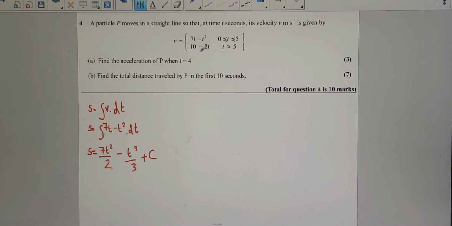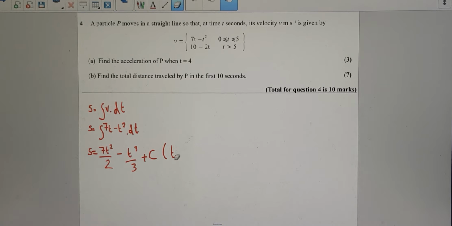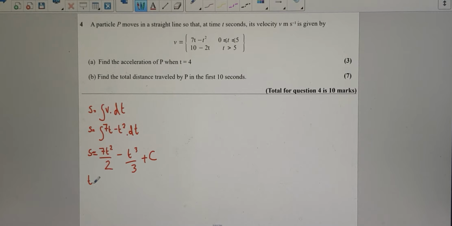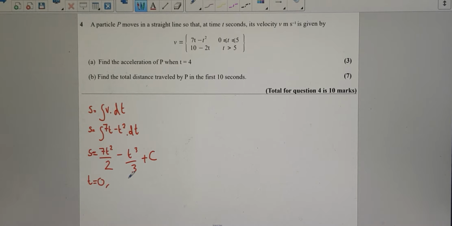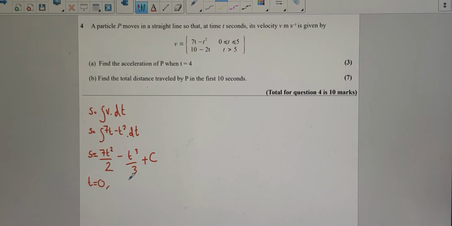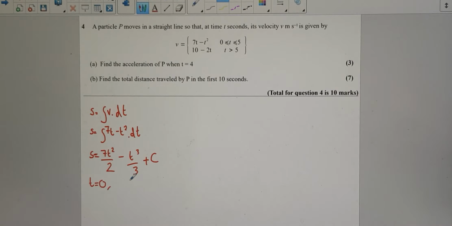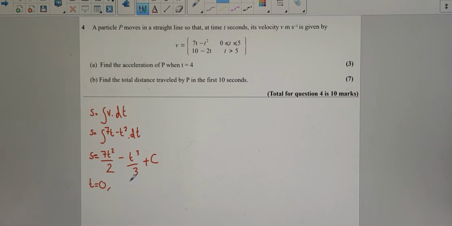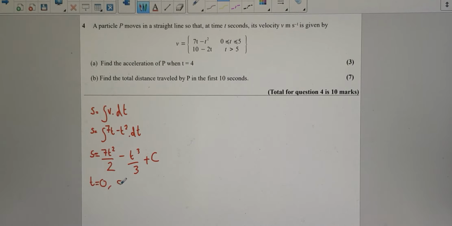Well, I know right at the beginning of the journey that t equals 0. Let me write that underneath so it doesn't look confusing. I know at the beginning t equals 0. And because I want the distance, or in this case the displacement for this part of the journey, which will essentially be the distance because I'm only looking at this period of the journey, I'm going to say that it hasn't moved anything at this point, because I want all of the distance that it covers from there.